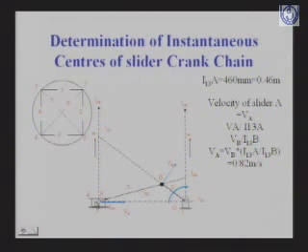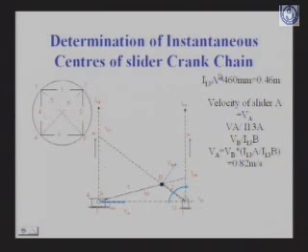Now you just see that link 2, link 3 and link 4, these are the 3 links. So the 3 instantaneous centers will lie in a straight line, therefore I24 will lie by extending this line, and wherever it cuts the line going through infinity, that gives the instantaneous center I14, and this point is called I24. Similarly, the intersection between link 1 and 2 will give you point I12.